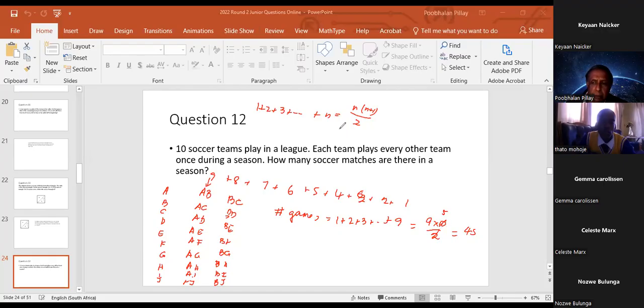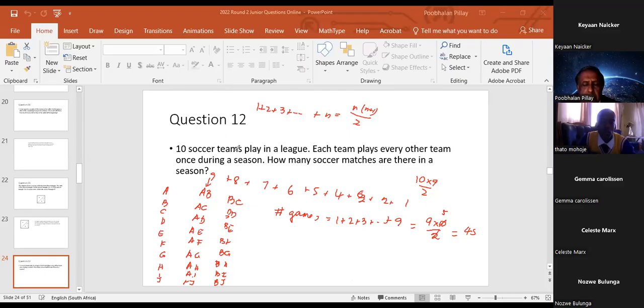So that's a very important formula that you have to know. Or if you've got 10 soccer teams, if you put 10 in front, then it's 10 times 9 divided by 2. So the number of matches is n times n minus 1 divided by 2, you see? Because the answer is 9 times 10.